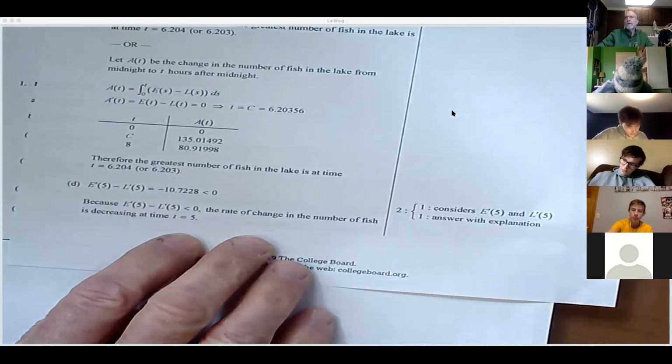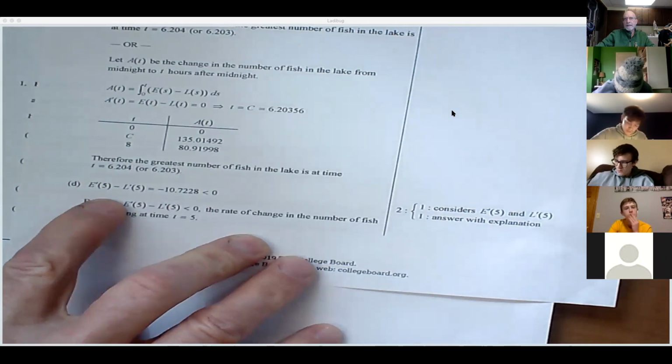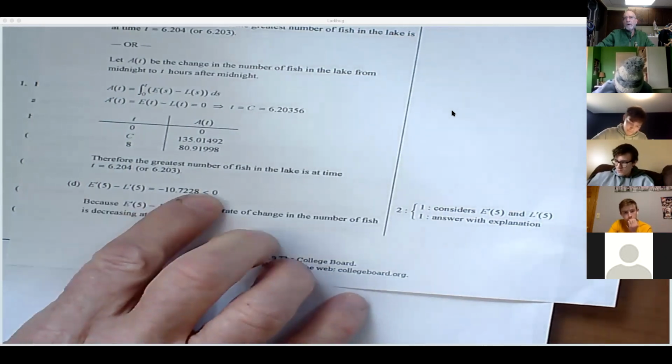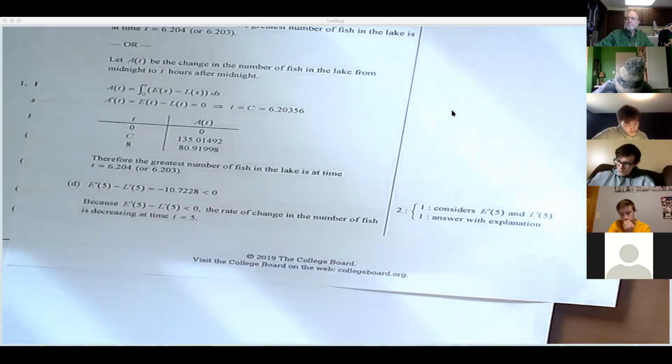So you have to consider E prime of 5 and L prime of 5. It doesn't have to necessarily be this, but I think you need to show how you came up with this answer. You need to show how you know it's negative. And then give your explanation.